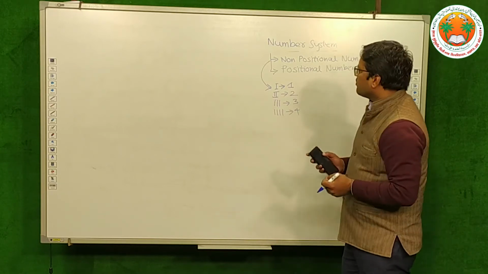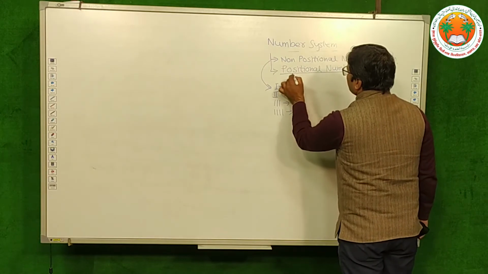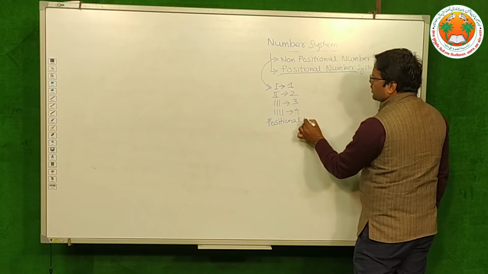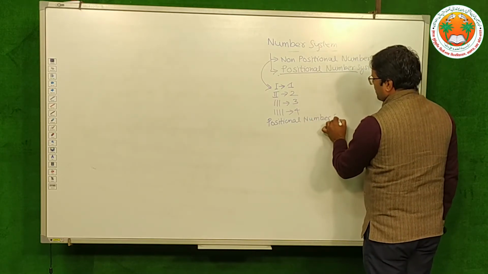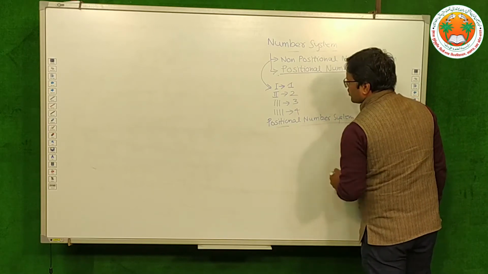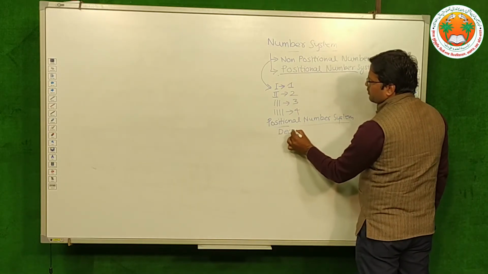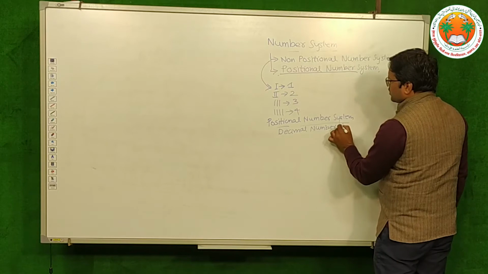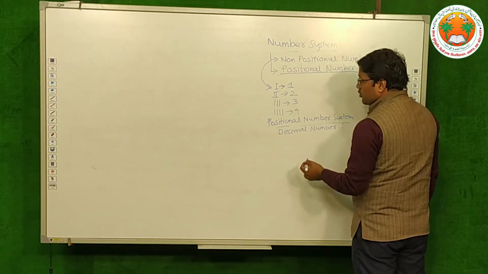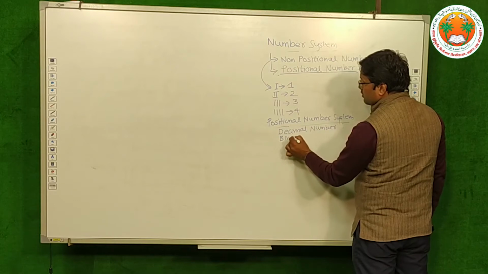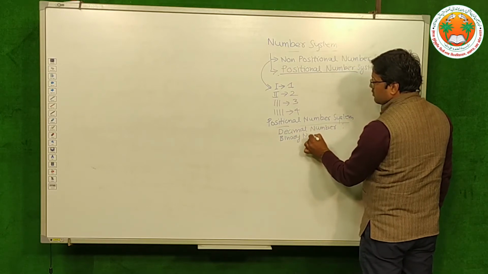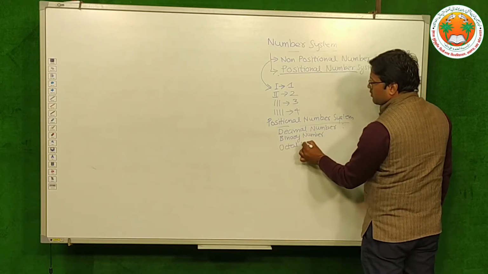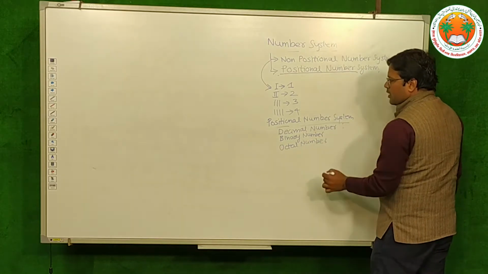And other important positional number systems are the binary number system, octal, and hexadecimal.